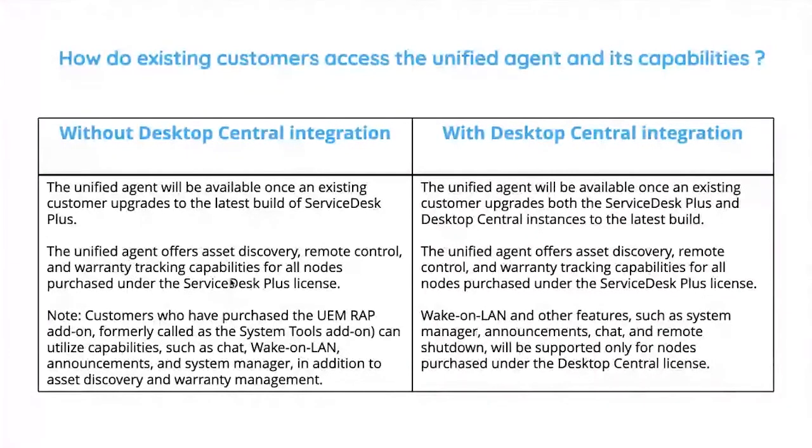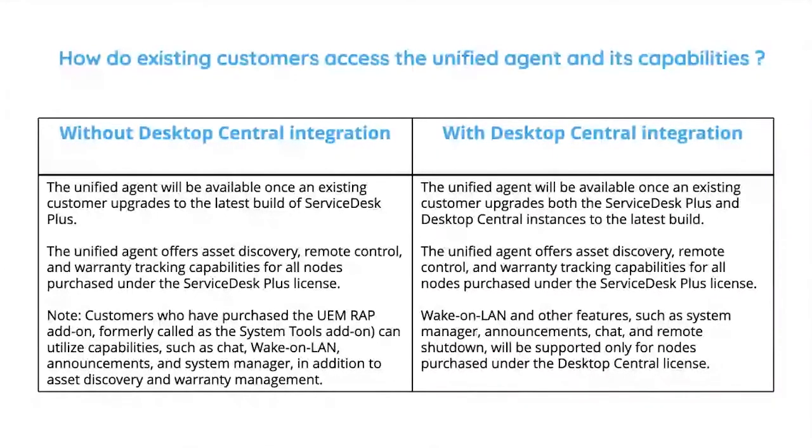All right. Now, customers who have purchased the UEM Remote Access Plus add-on, formerly called System Tools, can utilize capabilities such as chat, wake on LAN, announcements, and System Manager, in addition to asset discovery and warranty management. So whoever has purchased the System Tools add-on before can just use it as such when they upgrade.